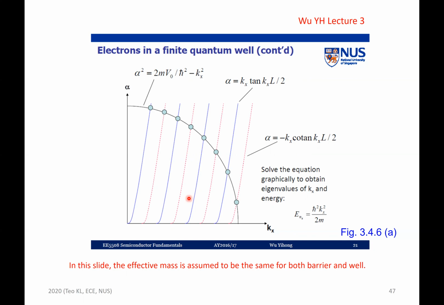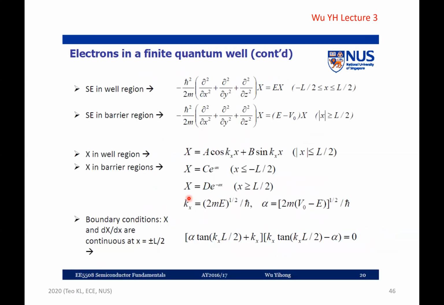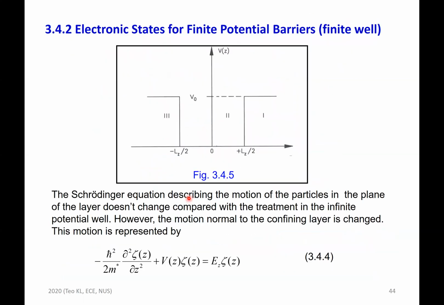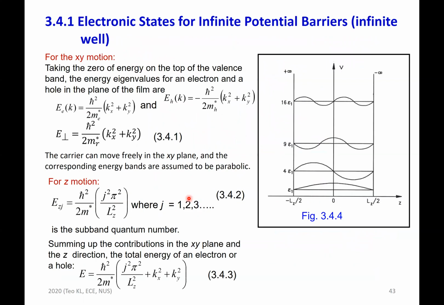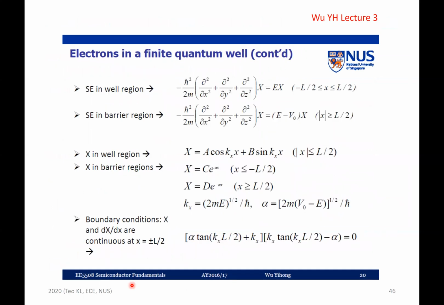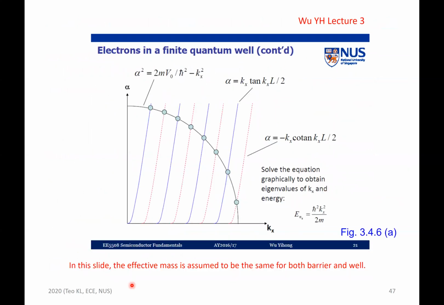Your electron energy can be obtained graphically. For an infinite potential barrier, this will be your equation, j squared pi squared over lz squared, which we can solve analytically. Otherwise, you solve graphically for the finite potential barrier.